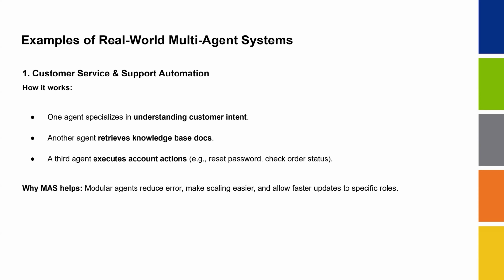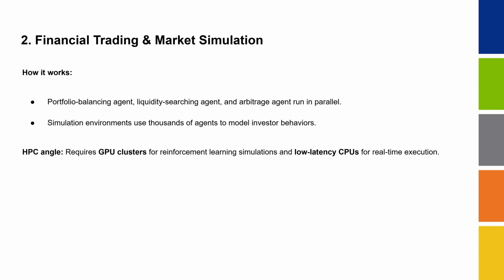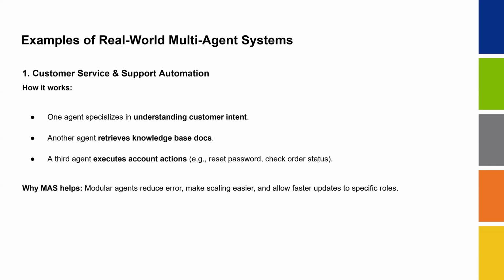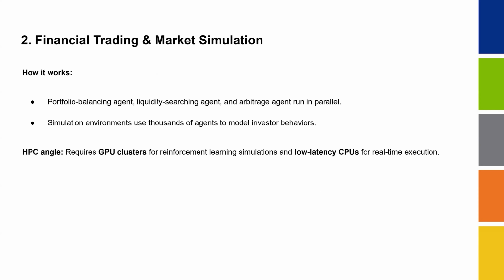Because modular agents reduce error, make scaling easier, and allow faster updates to specific roles. Moving on, just to note here, we'll build one very foundational customer service agentic system today in our lab. I believe you would learn a lot from that specific lab.